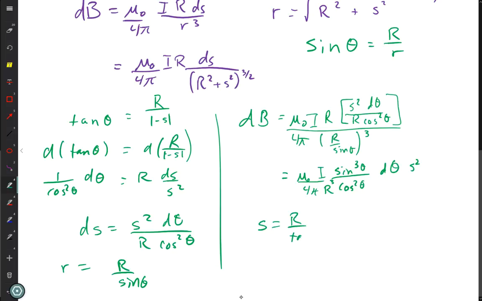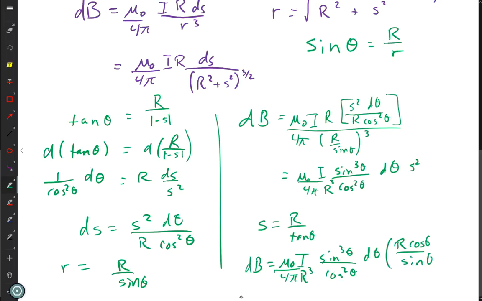r over tangent theta, then putting that in, I have dB equals mu naught I. Well, that just got easier because it had to eventually, because this is the easy way.